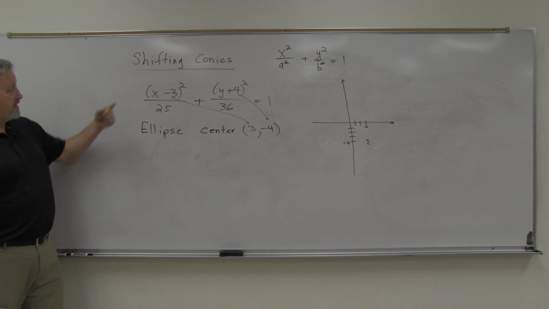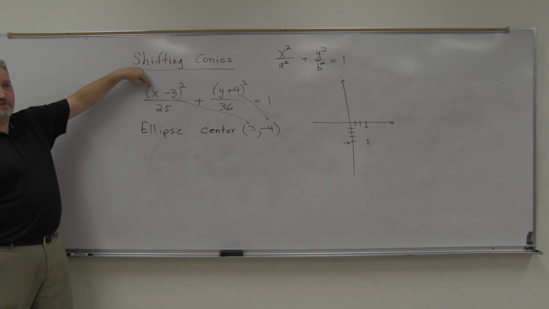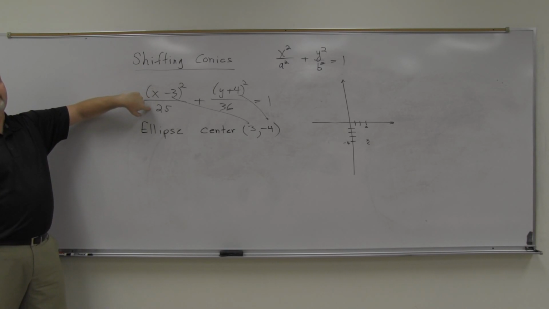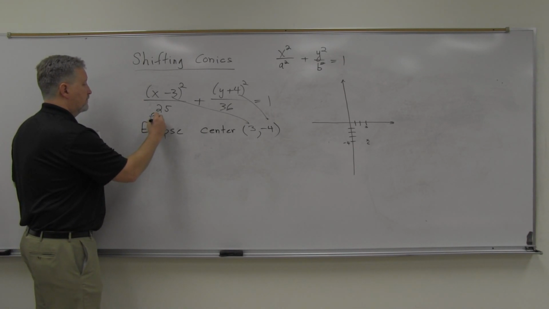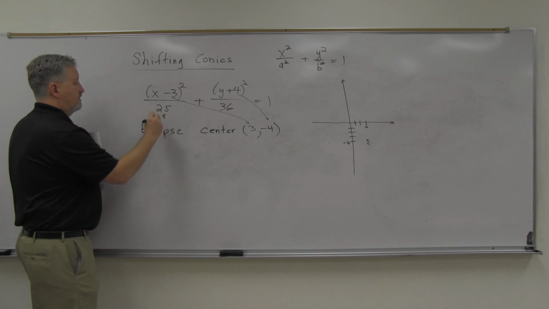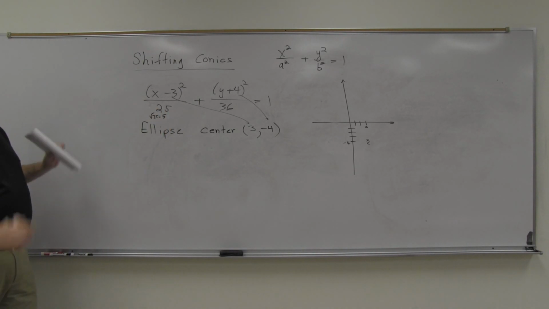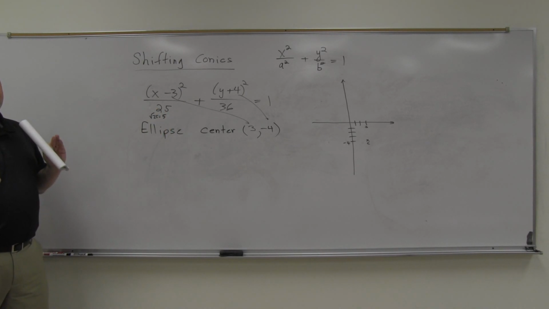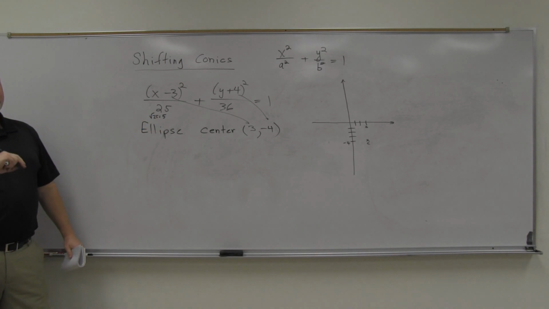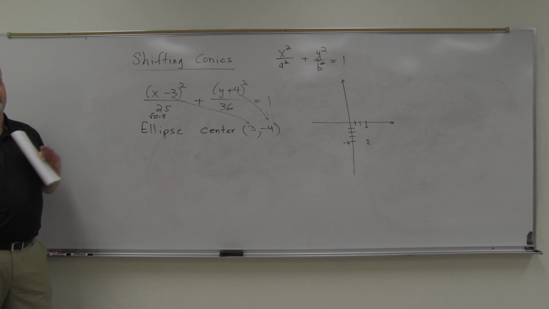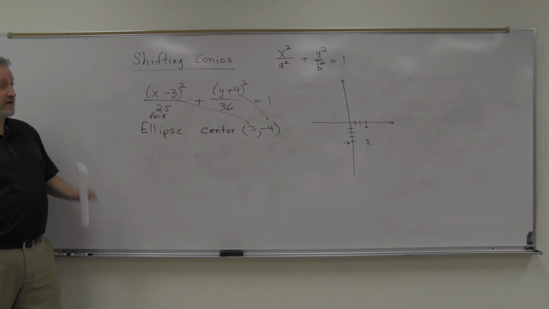Well, what was the appropriate amount? Under the x, here, I've got 25. And so remember, in the x direction, you go out the square root of that, 5 there. Now, since our center is shifted, we go out 5 units, not along the x-axis, but to the right and left of the center, just like we did with the circle and the radius there.